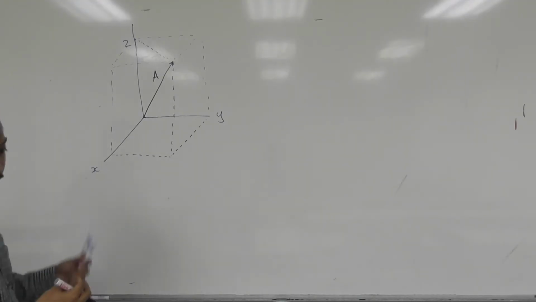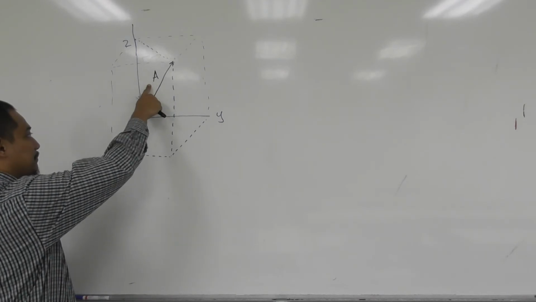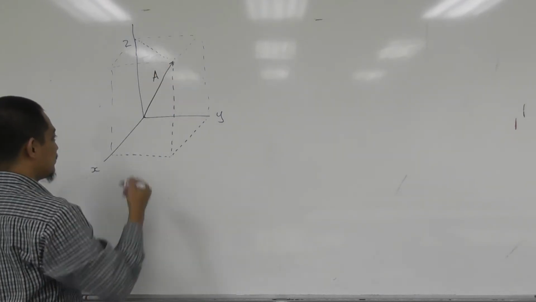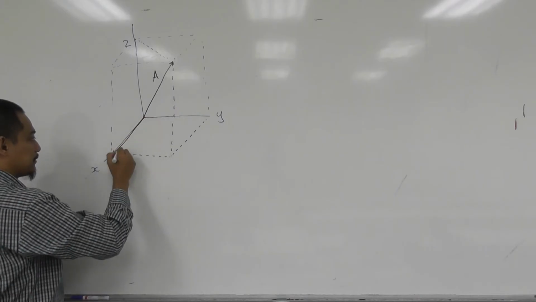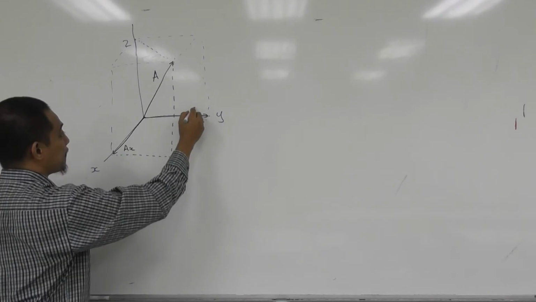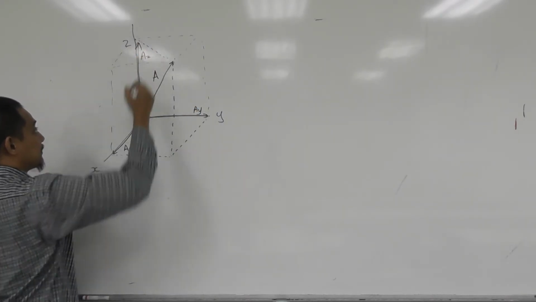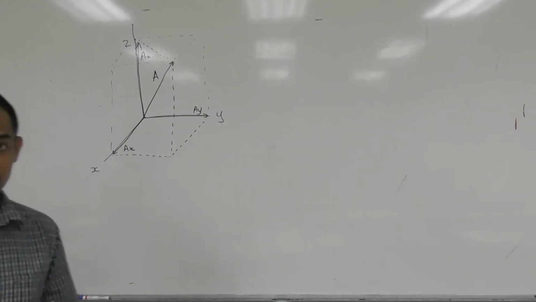Okay, if we have that condition, right? Meaning that what makes this resultant is this component AX, AY, and AZ, right?